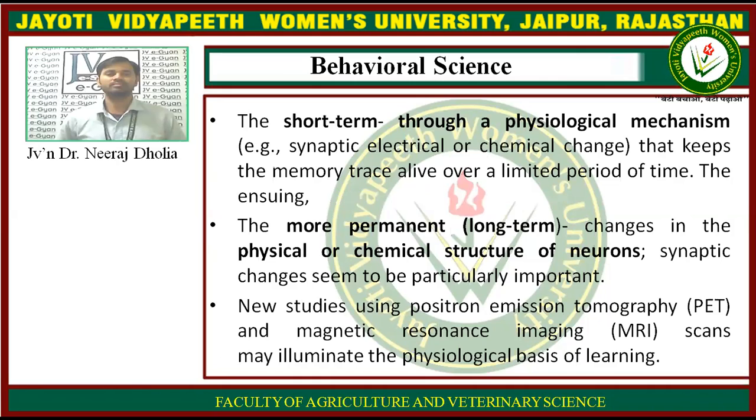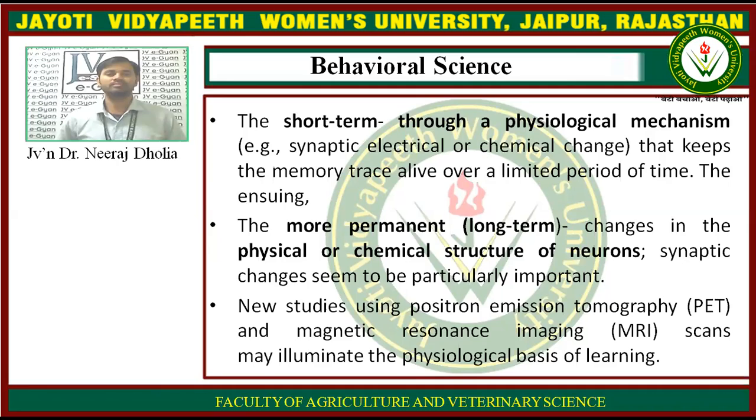Short term learning works through a physiological mechanism like synaptic electrical and chemical changes that keep the memory trace alive over a limited period of time. The strength or repetition of the stimulus is lesser in the short term.